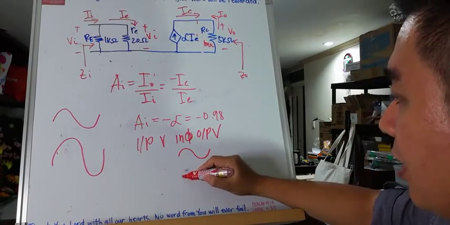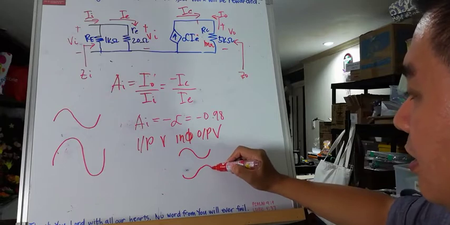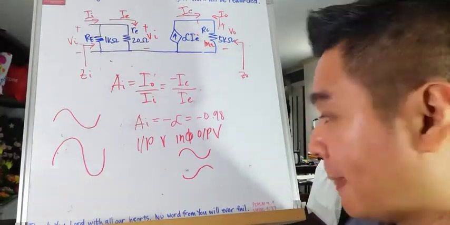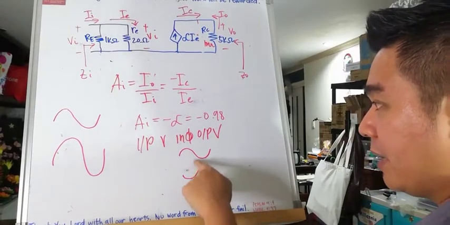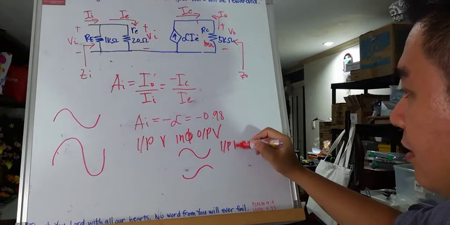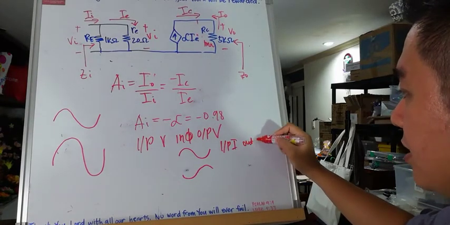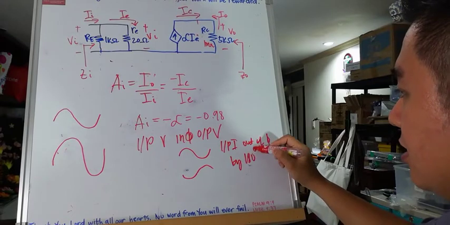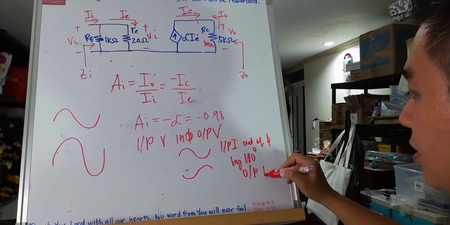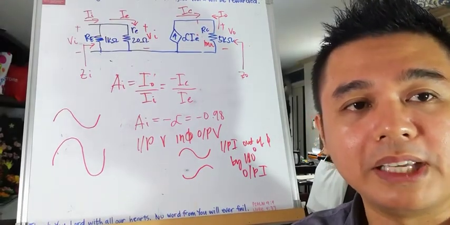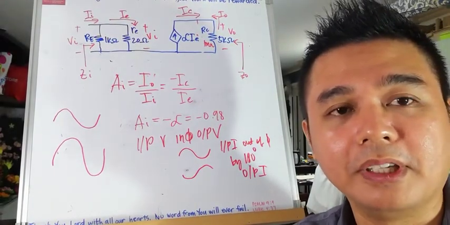This is our output current. So mas maliit ng onte dahil yung gain natin is less than 1, no? But out of phase by 180 degrees. So the input current is out of phase by 180 degrees compared with the output current. Yan ay true for the common base only.